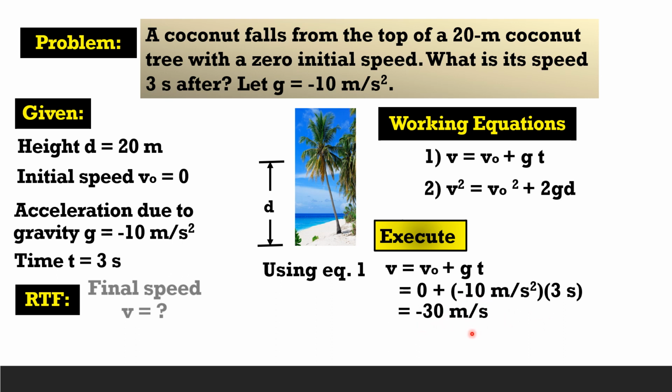But since we are only looking for the speed, in other words, the magnitude of the final velocity, we say that the final speed is equal to 30 meters per second. And then we proceed to getting the final speed using the other equation, equation number 2.